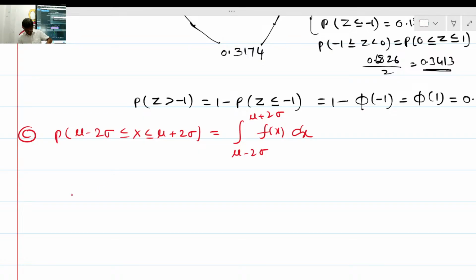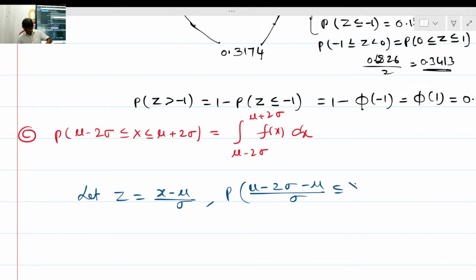In this case, let z equal to x minus mu by sigma. Now the probability statement becomes: subtract mu and divide by sigma on the left side, right side, and middle. Mu minus 2 sigma minus mu by sigma, x minus mu by sigma, mu plus 2 sigma minus mu by sigma.